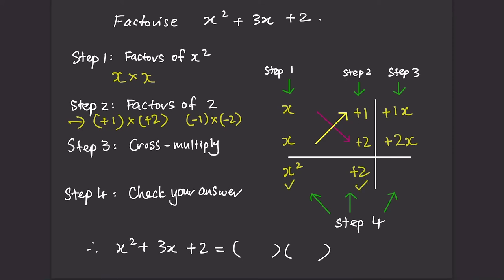The last one is a bit weird, so be very careful, because previously we multiplied these 2 to get this, and multiplied these 2 to get this. The last one will be different: we are actually summing this up. So what we have is positive 1x plus 2x, which is positive 3x.